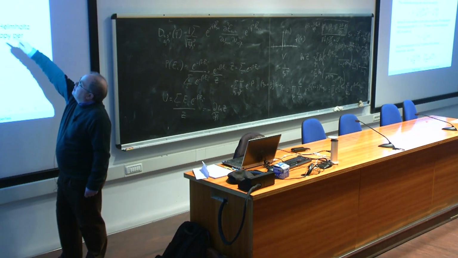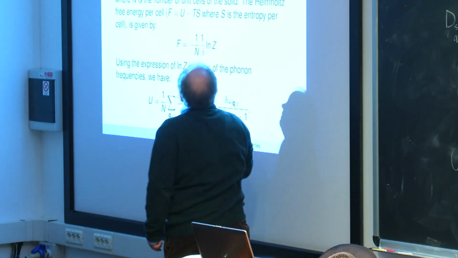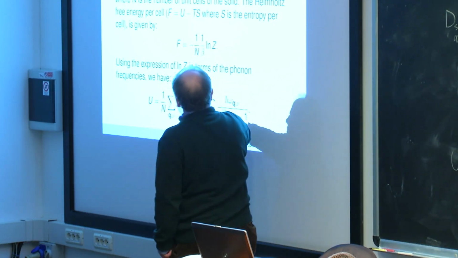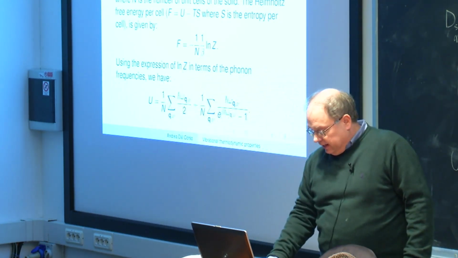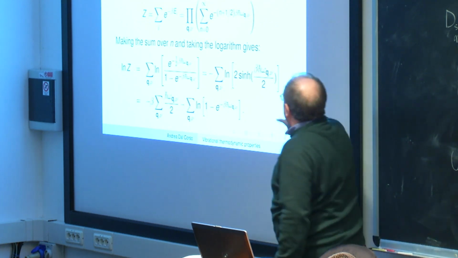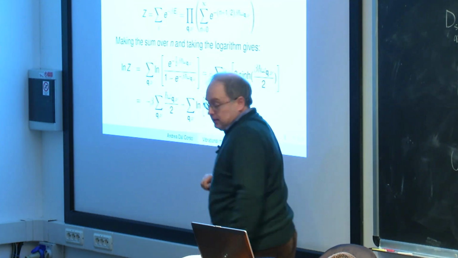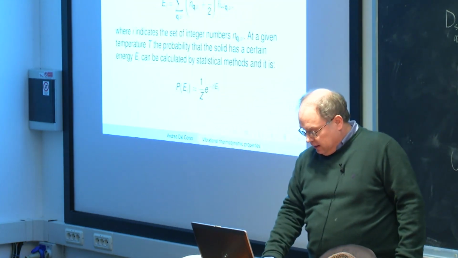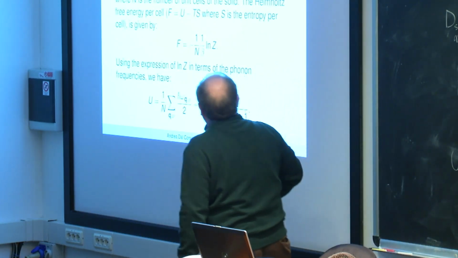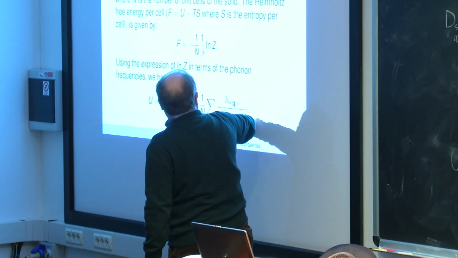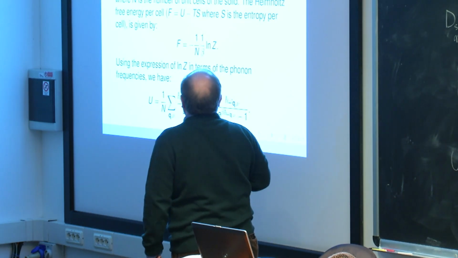So with these basically two formulas and an expression for the logarithm of Z, we can get the expression of U. The logarithm of Z we have calculated here in two forms at least, and if we derive with respect to beta, we obtain this expression here of the average vibrational energy.